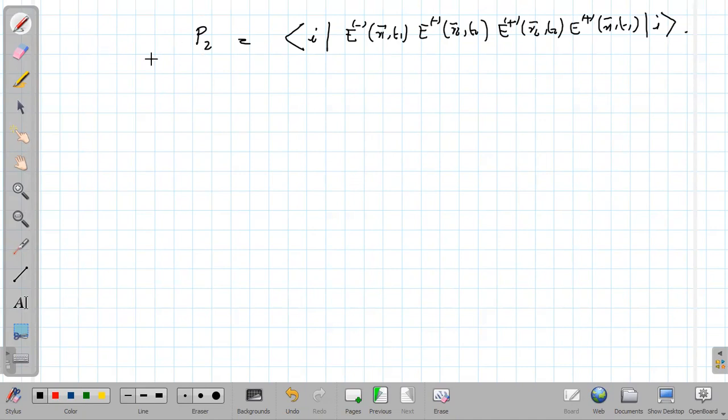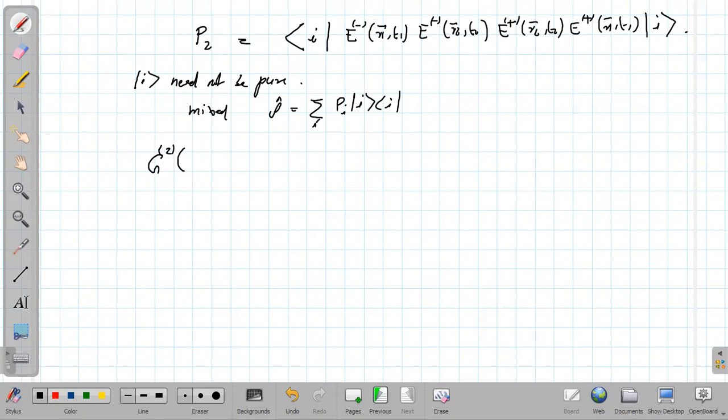Now, again, in the last video we discussed that the initial state i need not be pure. So usually it may be in a mixed state, and for a mixed state the density operator has to be defined, which is the sum over i of Pi |i⟩⟨i|. So hence the second order quantum coherence function, we can write one more step.